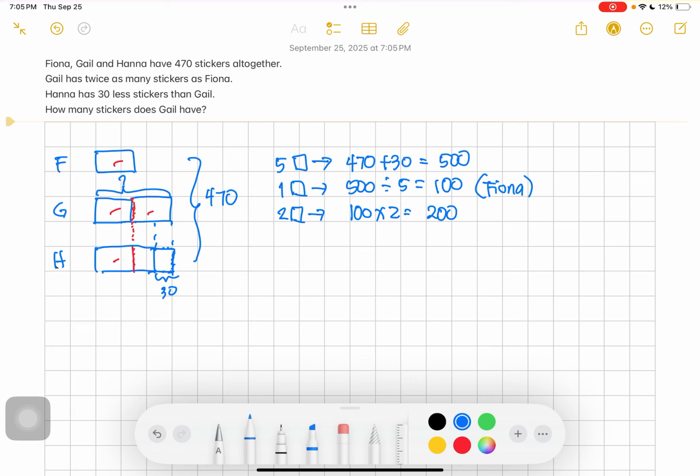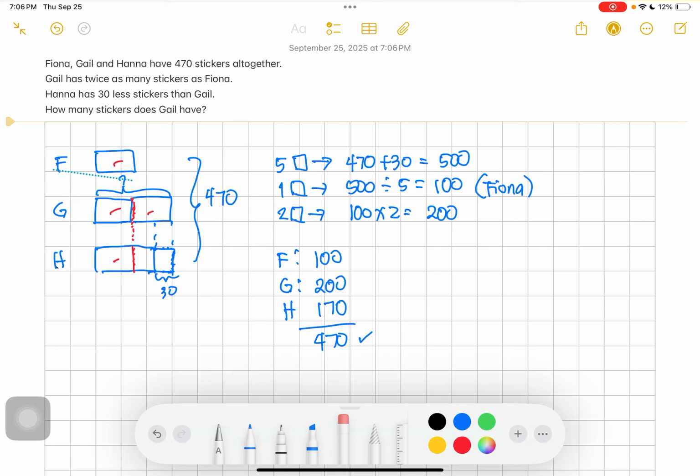Let's check if that answer is correct. If Fiona has 100, Gail has 200, Hannah will have 30 less than Gail, so 200 minus 30 is 170. If we add them all together, this is 470, meaning to say our answer is correct.